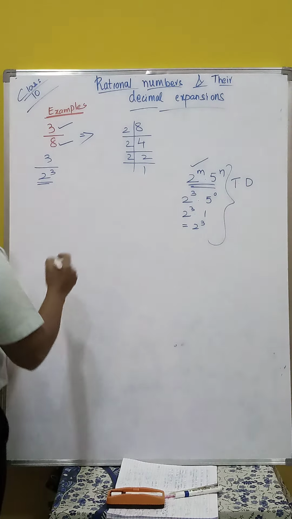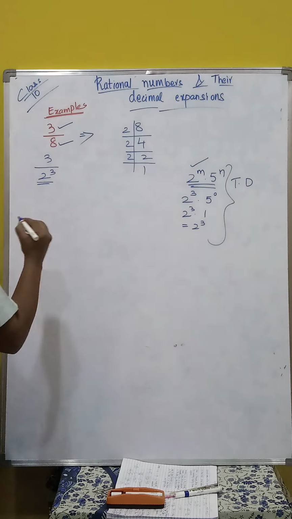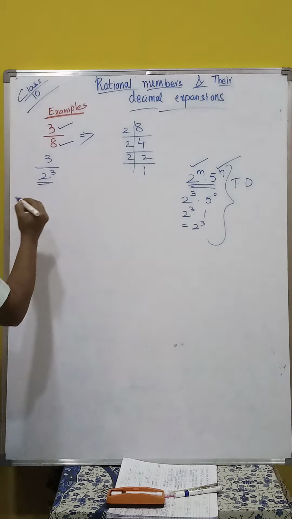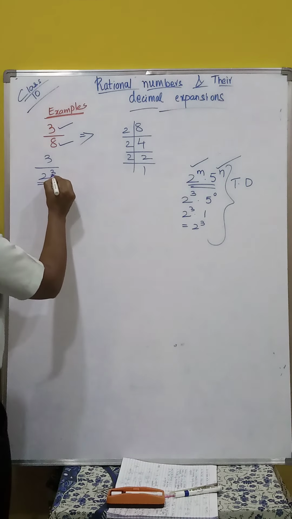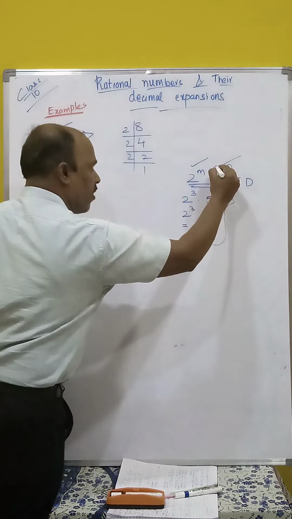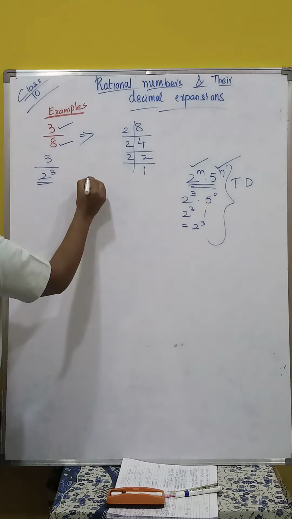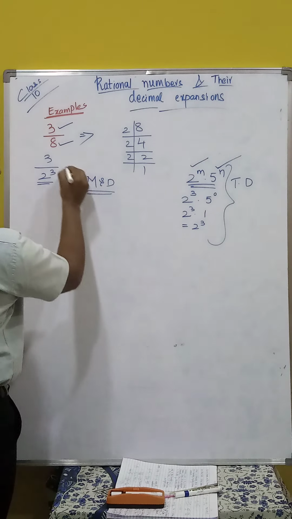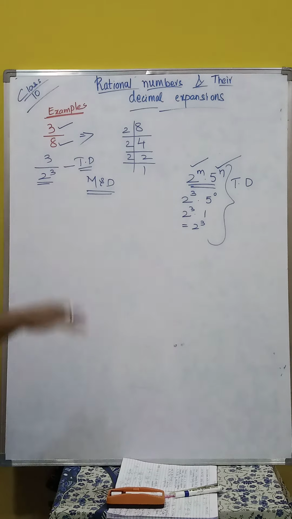But still, we will write the decimal form of this one. How to write it? Whatever the m value is, the n value is also the same. We'll take one more number, that is multiply and divide. We already know it is a terminating decimal; we are finding the terminating decimal.